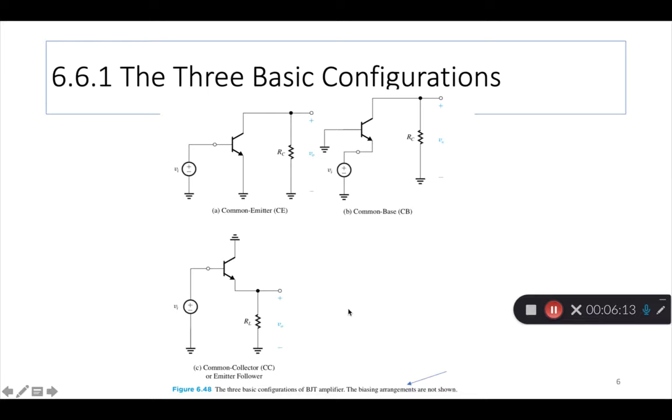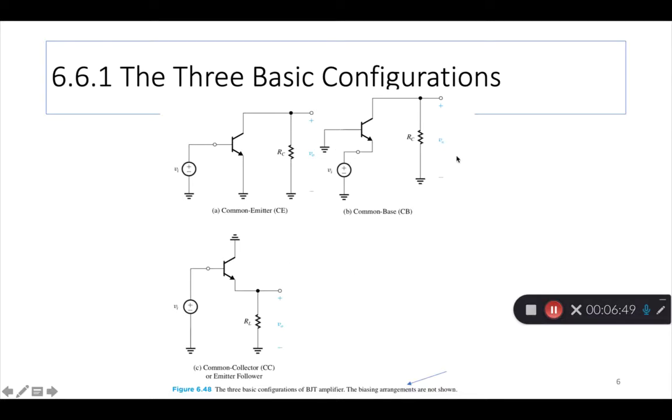When we say common emitter, what that means is we are implying that the emitter is grounded. Similarly, common base, the base is grounded. Here the emitter is grounded and the input signal is put between base and emitter. Similarly, common base, the base is grounded and the input signal is between emitter and base.